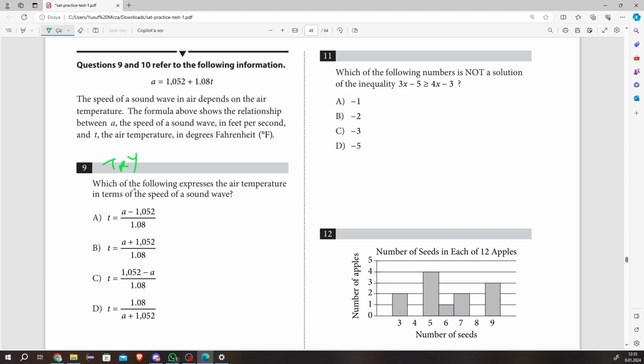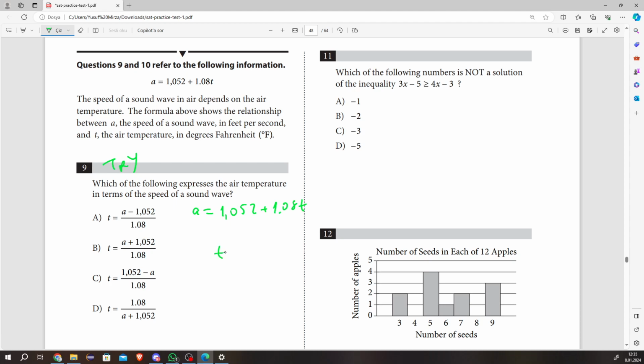We can see equations. So let's read the question. A is the speed of a sound wave in feet per second, and T is the temperature. Also express it in terms of speed. Okay, we should extract T here. Sorry for that at this point.